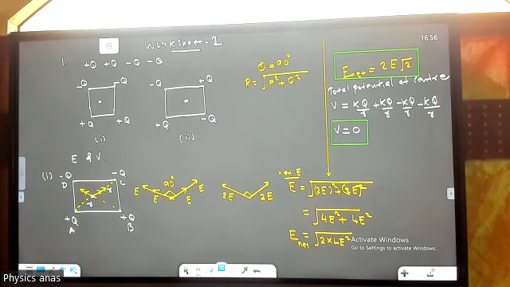You can just add the vectors, and you can say what the total electric field will be. And the net potential is also to be found. Is that okay? Can I move to the next part?